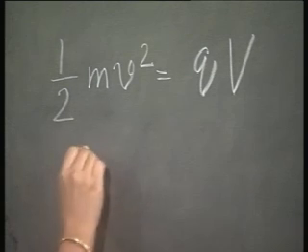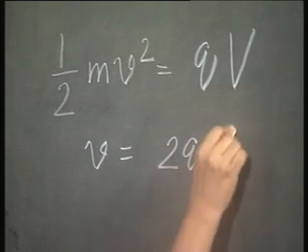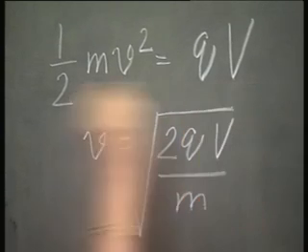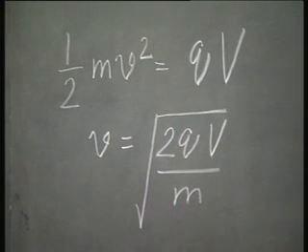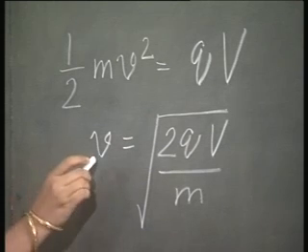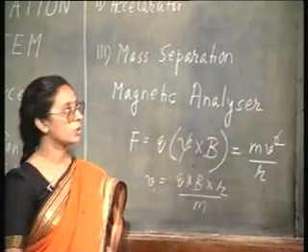From this therefore, I can say that v is equal to square root of 2qV, where V is the potential that is applied, divided by m. Now, if I substitute this value of v here, what do I get?